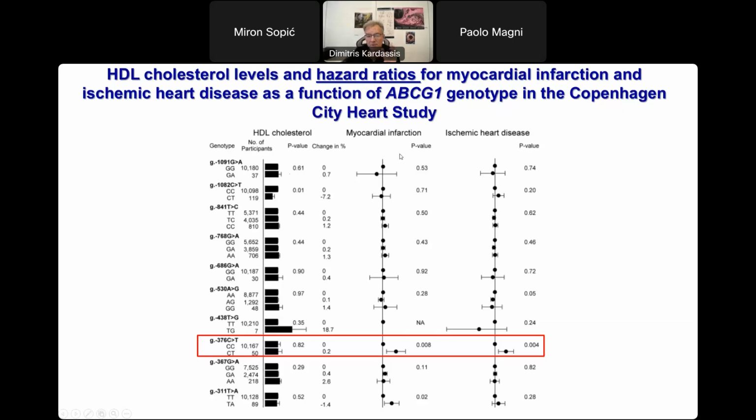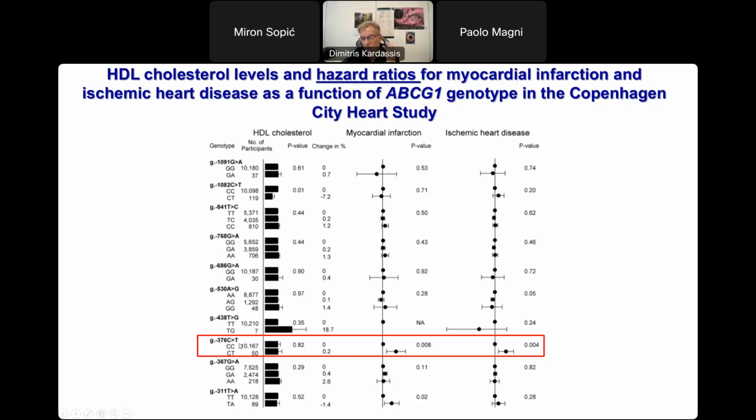But one of these variants, this one, the minus 376C to T, had, let's say, a hazard ratio for myocardial infarction, this one, which predicts ischemic heart disease. So this genetic variant was strongly associated with myocardial infarction and ischemic heart disease in the Copenhagen City Heart Study. Only this variant from many different variants that were analyzed.